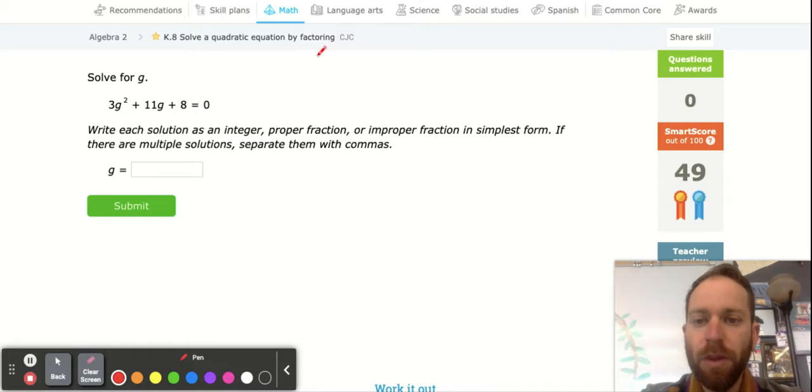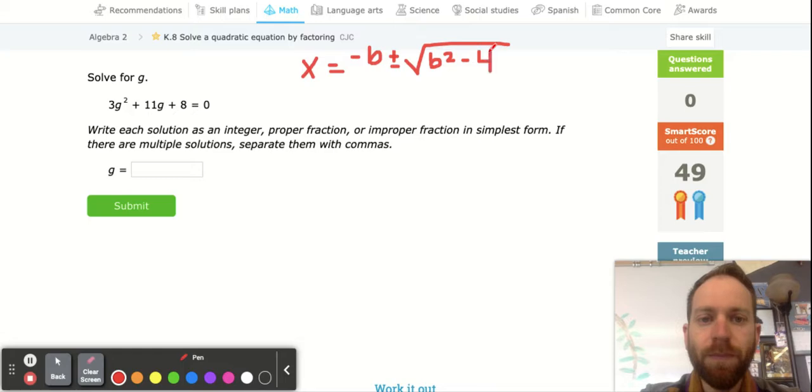The quadratic formula is x equals negative b plus or minus the square root of b squared minus 4ac, all divided by 2a. I know it's a long formula, and it pretty much comes from the standard form of a quadratic equation when you solve for x.